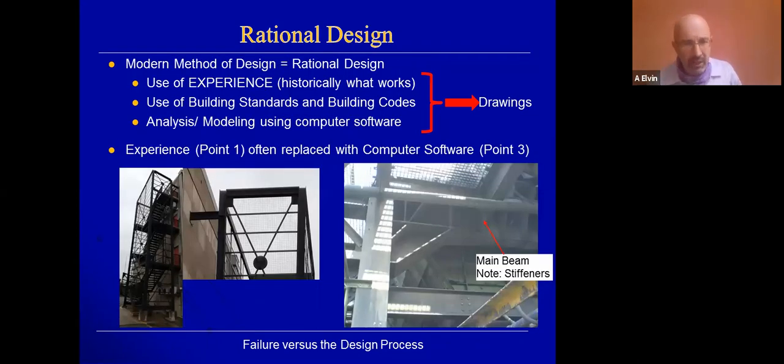Right, so now get ready for a little test or two, quiz as I call them. Let's talk about rational design. So the modern method of design is the so-called rational design, which utilizes experience, in most part experience, which is based on historically what works. So you would be a junior engineer, a senior engineer, or somewhere in between.